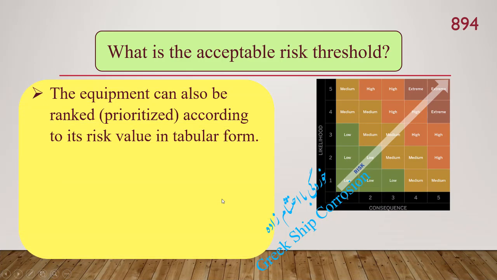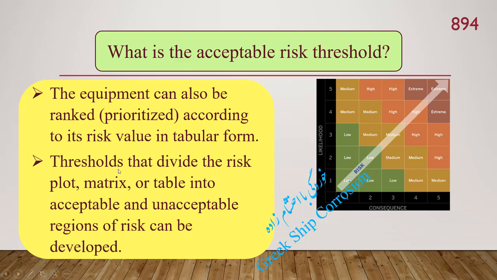The equipment can also be ranked, prioritized, according to its risk value in tabular form. Thresholds that divide the risk plot, matrix, or table into acceptable and unacceptable regions of risk can be developed.